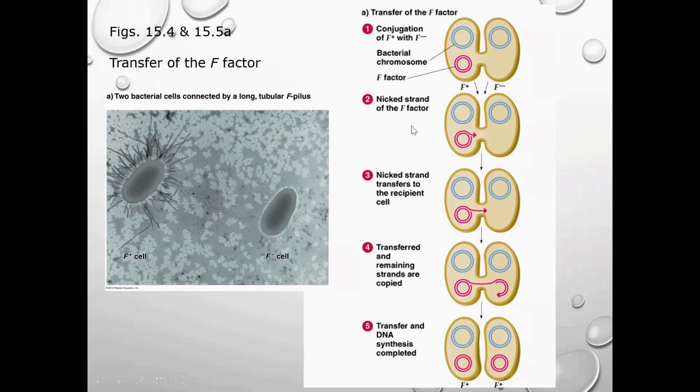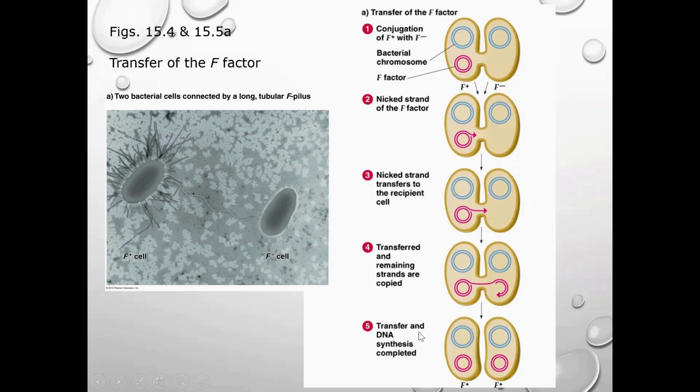The nick is made, and the relaxase protein remains attached to this end, and transfer of this F plasmid takes place from the donor cell to the recipient cell. You can see the transfer is extended further, and at the same time replication of this DNA starts.